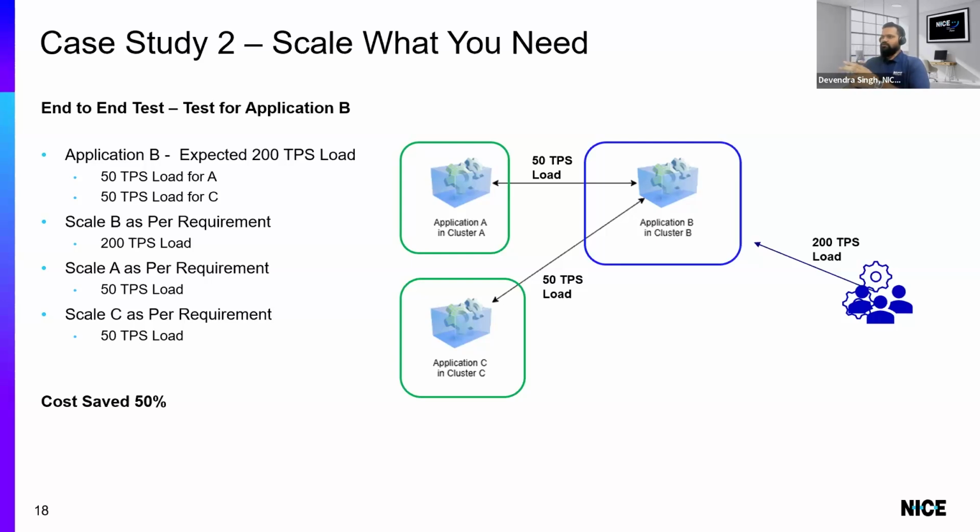So you can see 50% savings, instead of scaling everything to 200, which is 600 cumulative, versus 300 cumulative in this case. So this is how we answer the first question: scale or create whatever you need, and do not scale or create anything beyond that. The key takeaway is that the question of what is to scale each component of the system independently, based on the actual workload demands for that particular component, to optimize the cost.